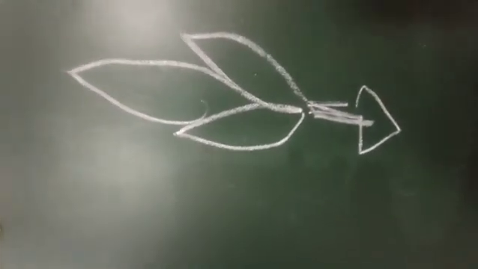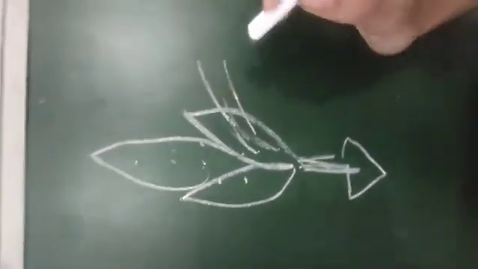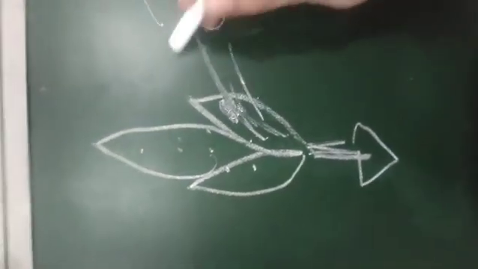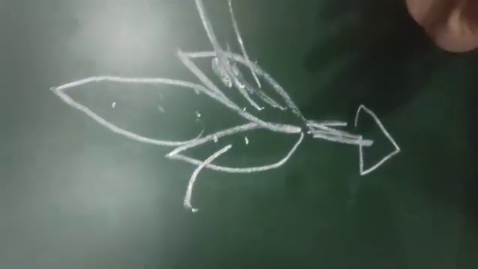So in plants, stomata help in exchanging gases. When plants need carbon dioxide from the surroundings, stomata help them take in carbon dioxide and release oxygen into the atmosphere for human beings.